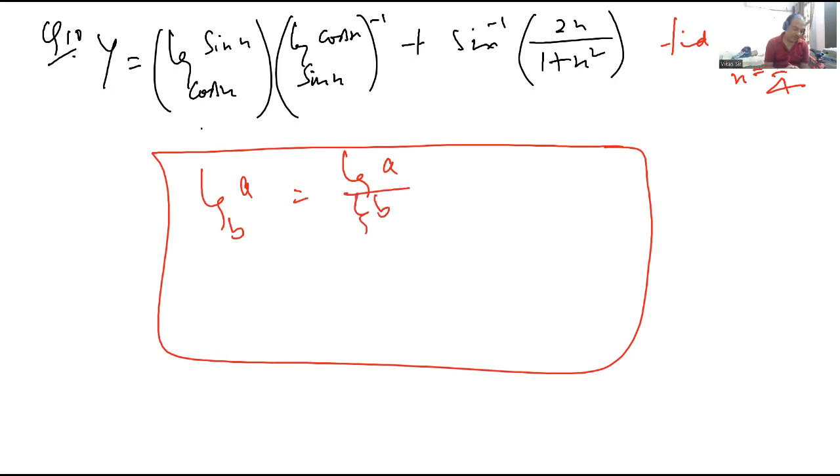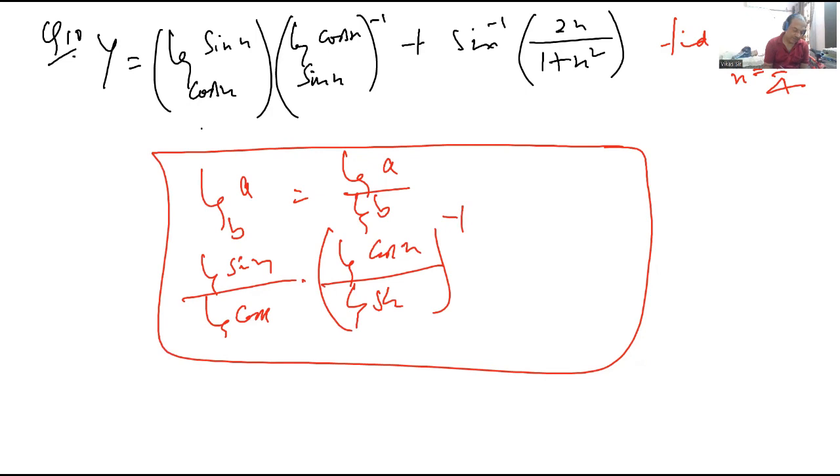Now here, you have log sin x over log cos x times log cos x over log sin x, and furthermore there is power minus 1.